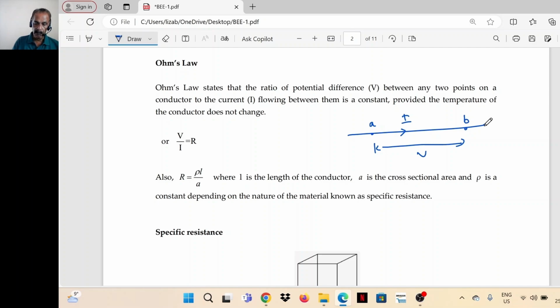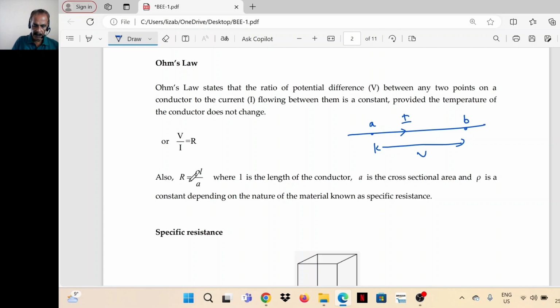So the ratio of potential difference to current between any 2 points in a conductor is a constant provided the temperature of the conductor does not change. So this is one equation for R. The resistance of a conductor we can find out by measuring the voltage across it and dividing it by the current flowing through the conductor.